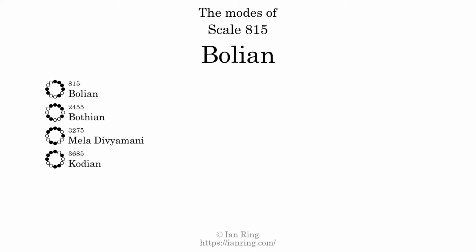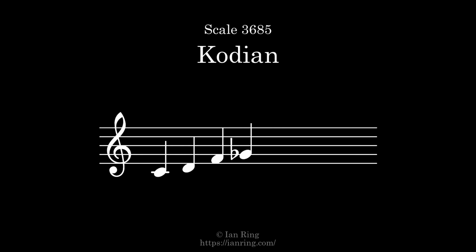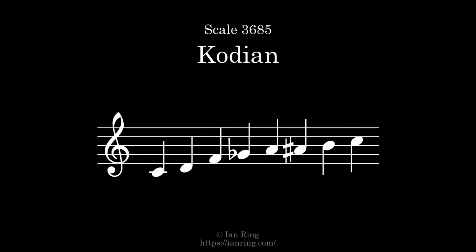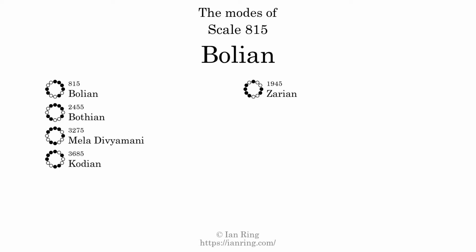The fourth mode is scale 3685, also known as Codian. It sounds like this. The fifth mode is scale 1945, also known as Zerian. It sounds like this.